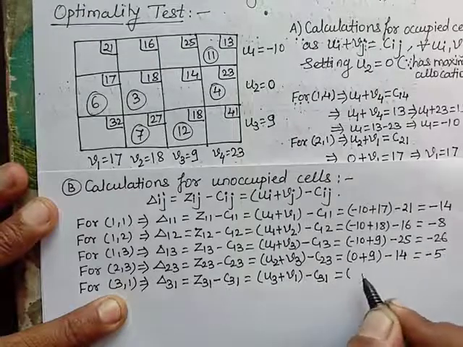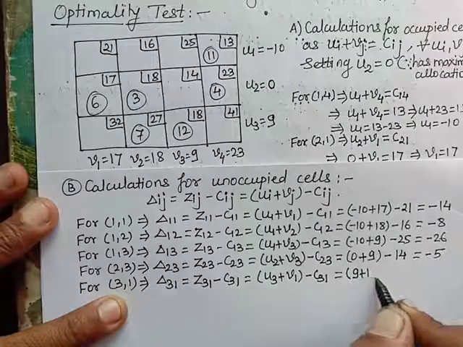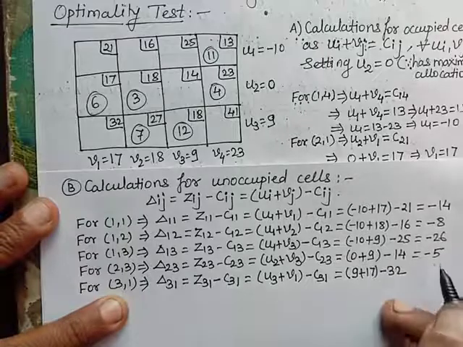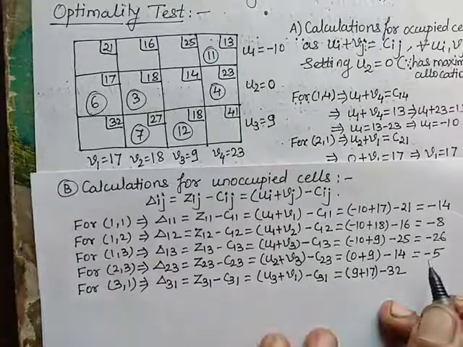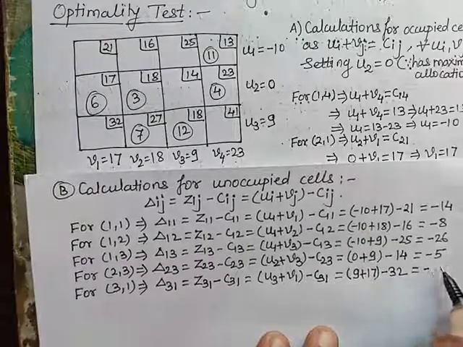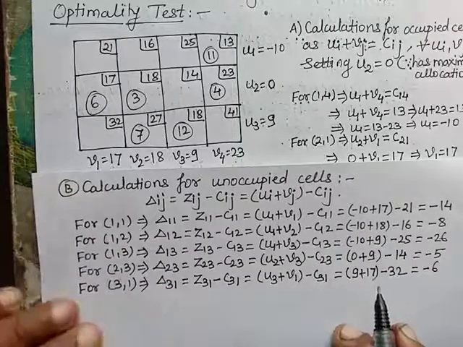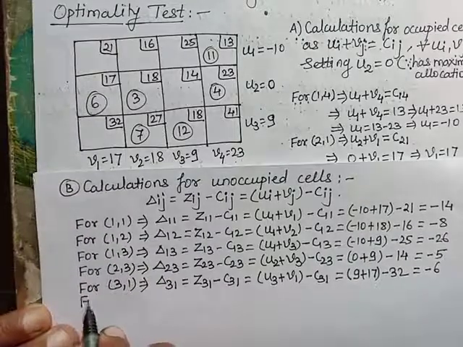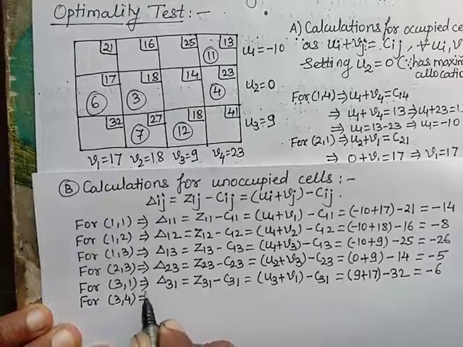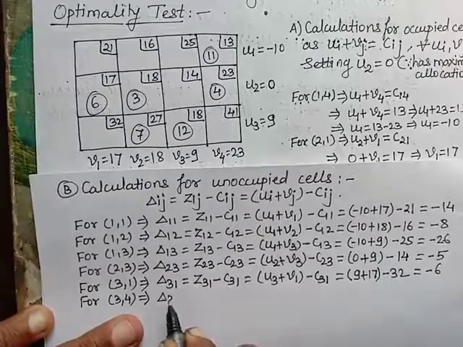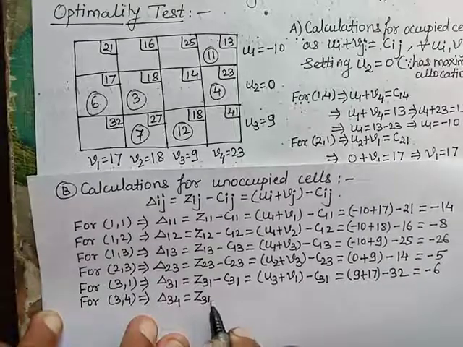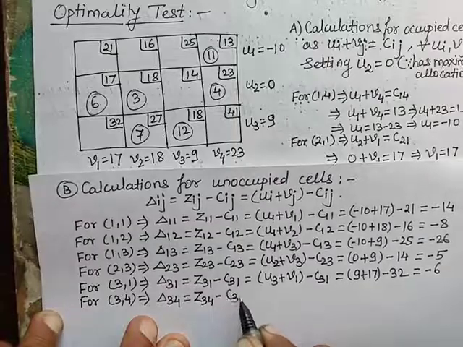U3 is 9 plus 17 minus 32. So 9 plus 17 will be 26 minus 32, that will be minus 6. Now for the 3,4 cell, delta 34 is equal to Z34 minus C34.